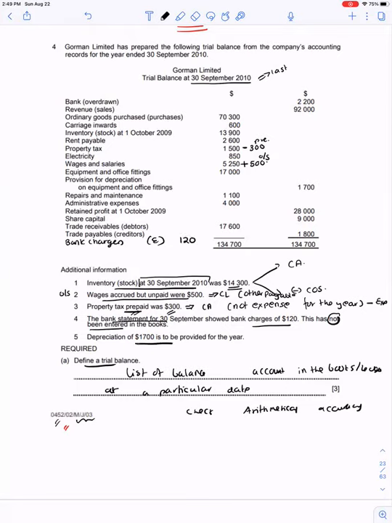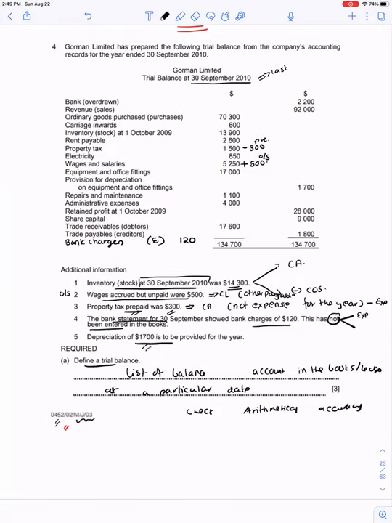Depreciation for the year is 1,700. This is not entered, so it goes at two places. One, you will enter it into the books as an expense.